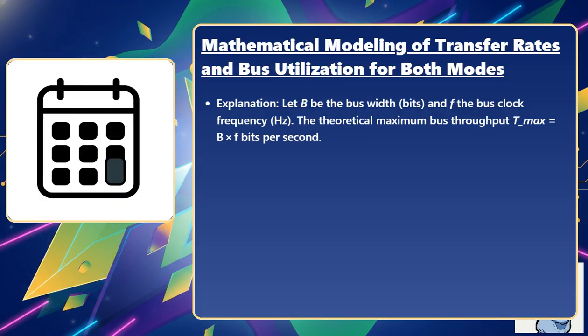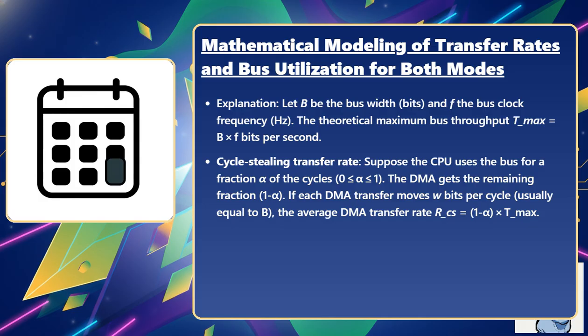Explanation: let B be the bus width in bits, and F the bus clock frequency in hertz. The theoretical maximum bus throughput, T max, equals B times F bits per second. Cycle stealing transfer rate. Suppose the CPU uses the bus for a fraction alpha of the cycles, 0 ≤ alpha ≤ 1. The DMA gets the remaining fraction, 1 minus alpha.